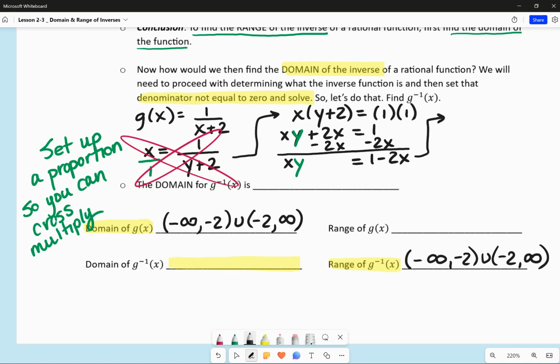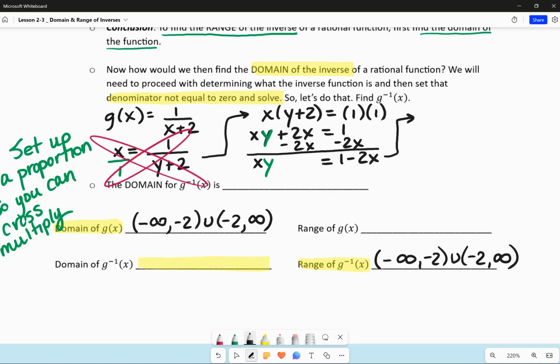Hopefully you said I need to divide both sides by x, which would be correct.